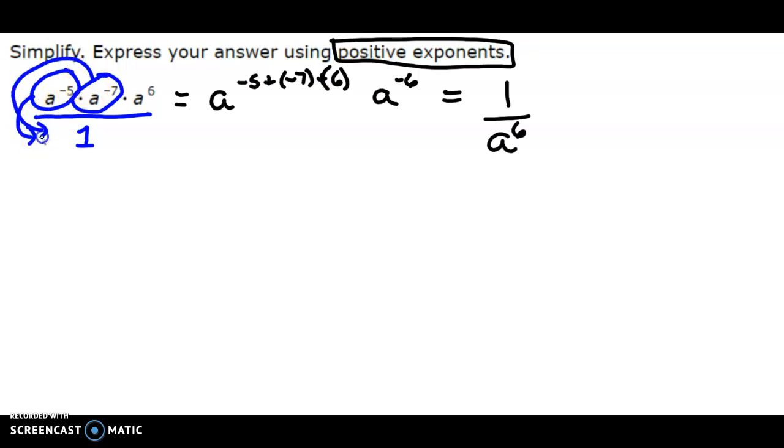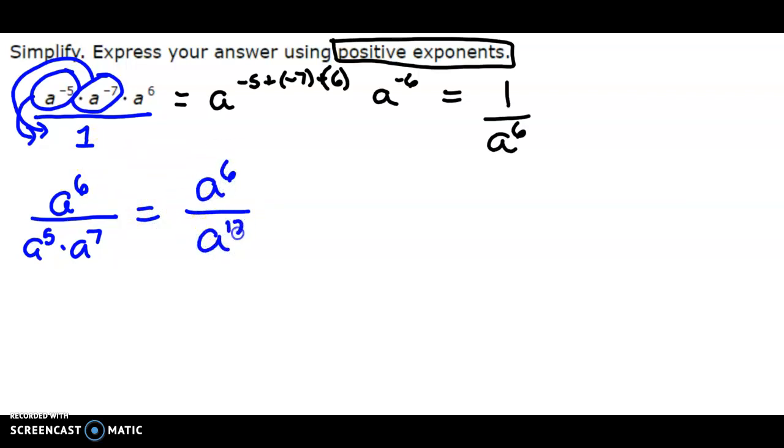So both of these are on the top, they go down to the bottom. So this becomes a to the sixth power over a to the fifth power times a to the seventh power. Remember, when you move a negative exponent to the other side of the fraction bar, it then becomes a positive exponent. Now this becomes a to the sixth power over a to the 12th power.